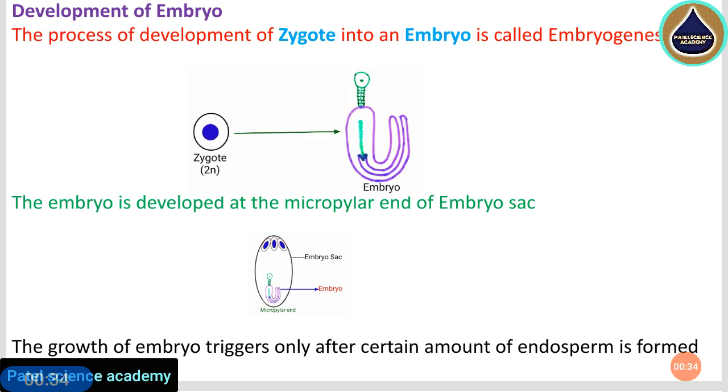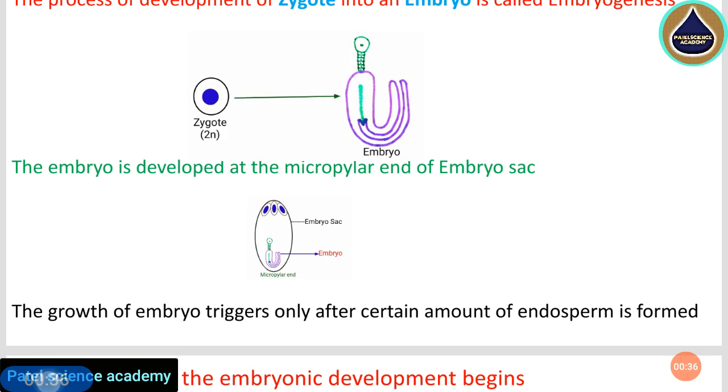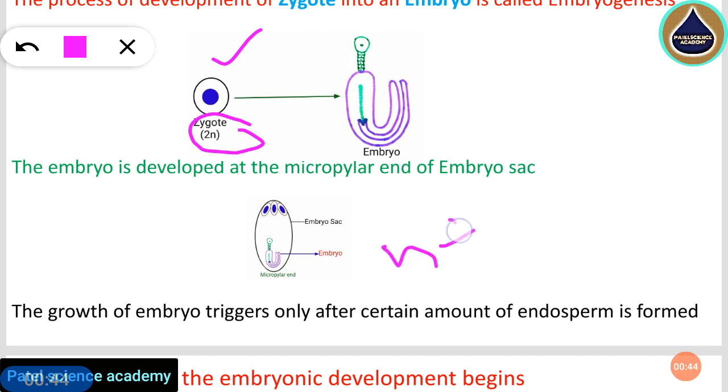This is a zygote, which is 2n in number, and it is always formed, as you know, by the fusion of the single n male gamete with the single n egg.